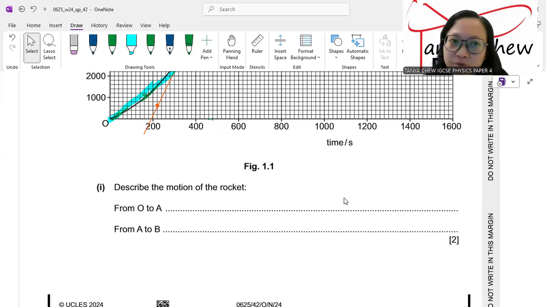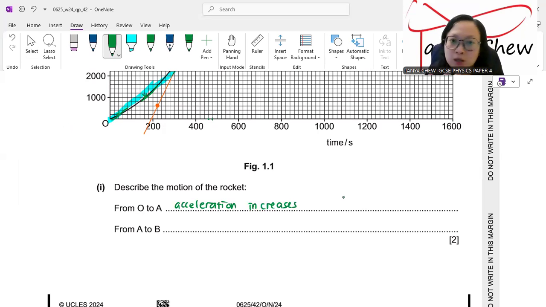So when the gradient of the graph is increasing, what represents the gradient of the speed time graph? It is acceleration. So in other words, we say that the acceleration from O to A increases. It cannot be uniform because it is a curved graph, so the gradient would never be uniform.